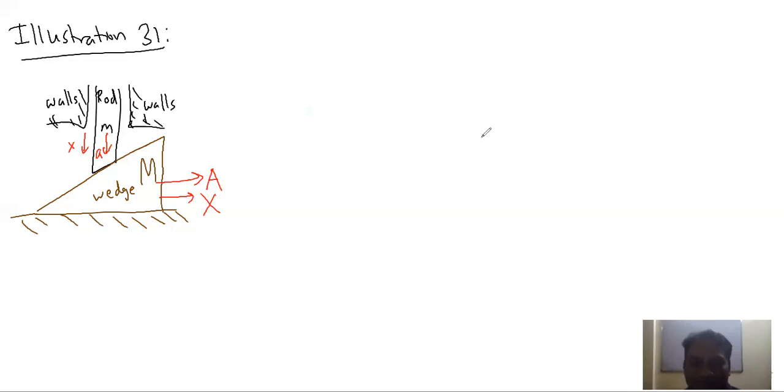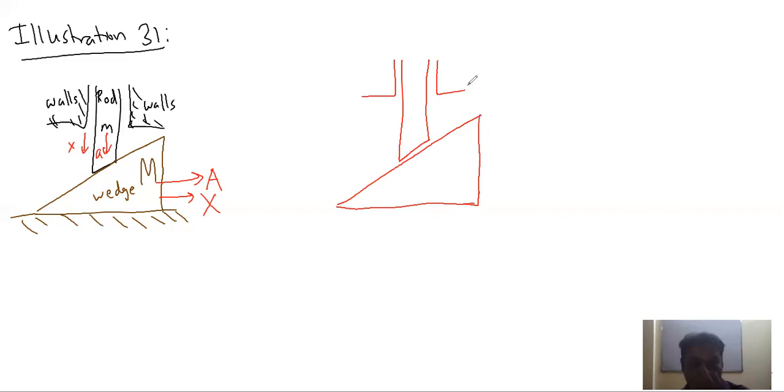Let us consider this is the initial position. This is our rod and the balls. Now, after some time, what will happen? The wedge will have moved to another position. Let us show the new position in blue color.